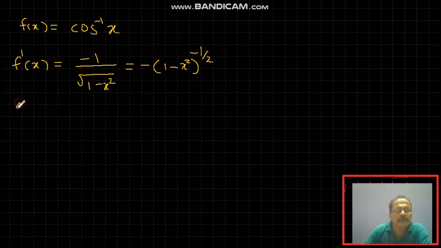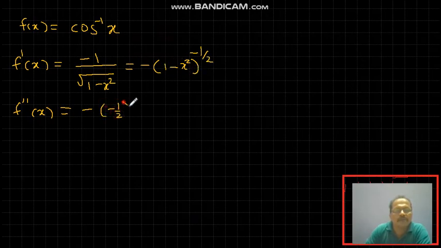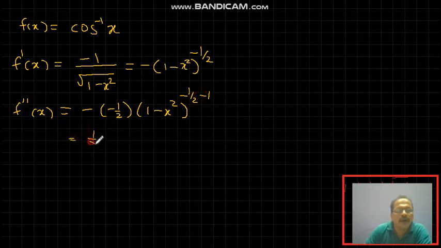Again differentiation gives us f double dash x is equal to minus as it is. Now bracket raised to minus half, the derivative is minus half into bracket raised to minus half minus 1, equal to half into bracket 1 minus x square raised to minus 3 by 2.